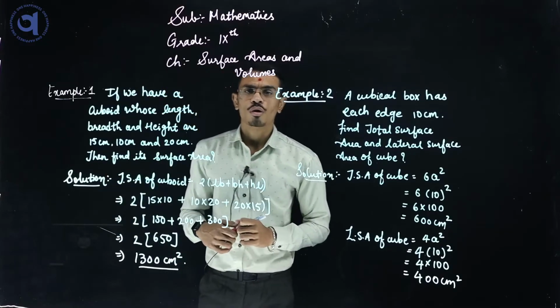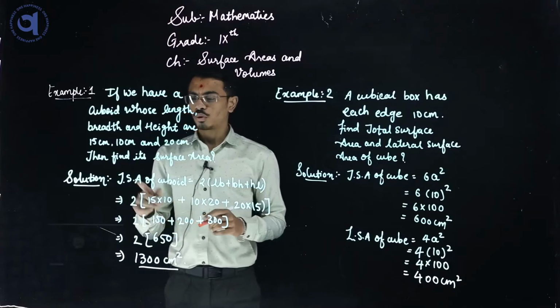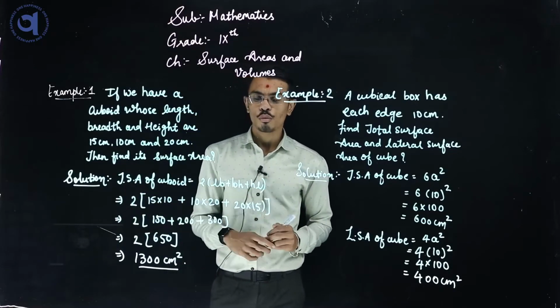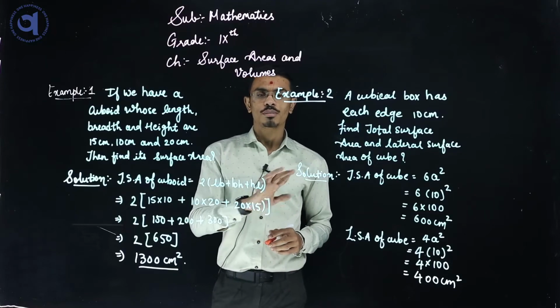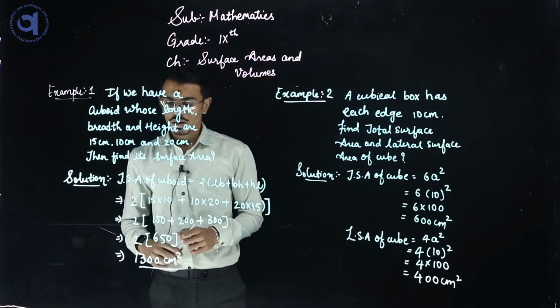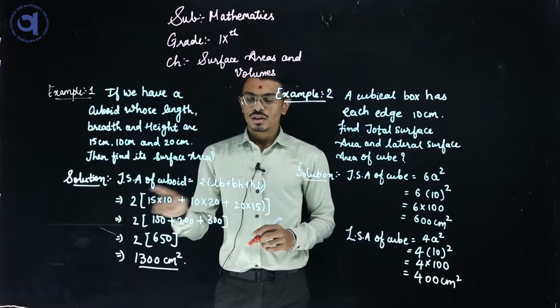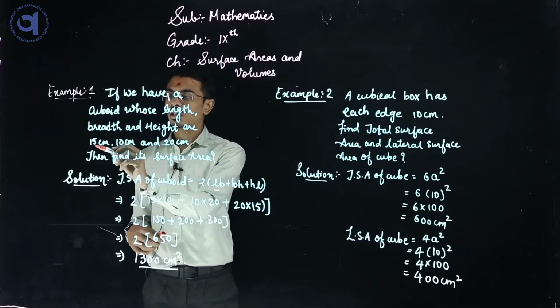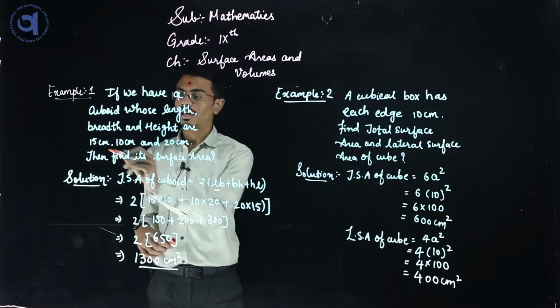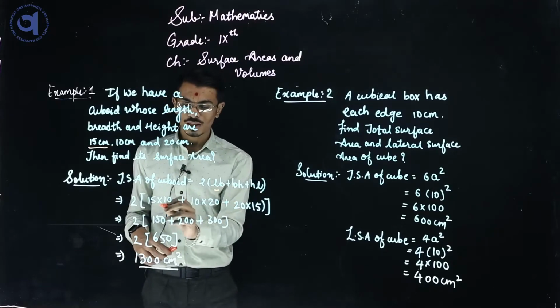Now recall the formula which we have learned, that is the total surface area of a cuboid is 2 times length into breadth plus breadth into height plus height into length. So it will be 2 as it is. Now in place of length, it is given as 15 centimeter.